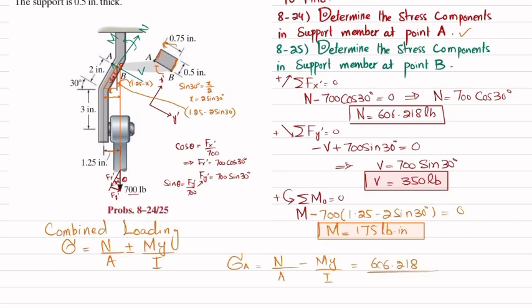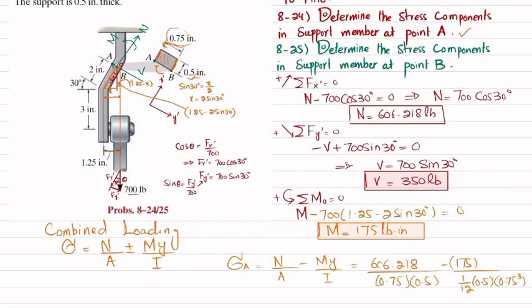So put the values, N is 606.218 divided by area. You can see that the cross section is given as 0.75 multiplied by 0.5. So I will write 0.75 multiplied by 0.5, minus moment is 175 divided by I, which is 1 over 12 b h cubed. So 1 over 12, b is 0.5 and height, our thickness, is 0.75. So 0.5 multiplied by 0.75 whole cubed.